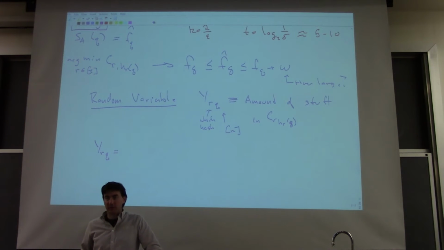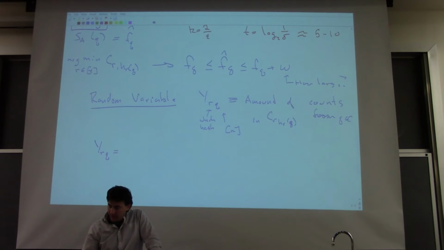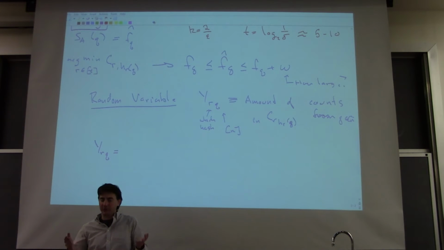So I'm going to say the amount of counts from q in n, of the objects we see that have a value q that go into this counter.